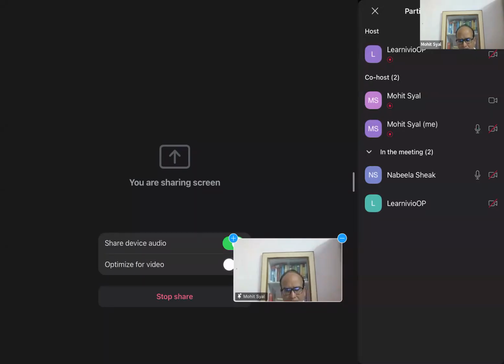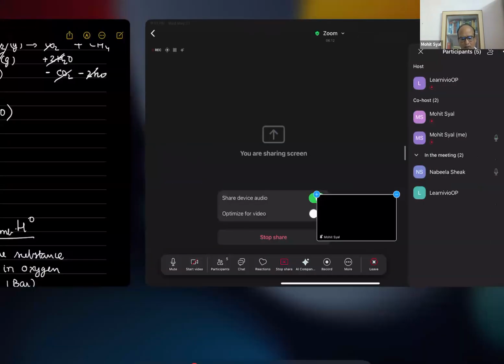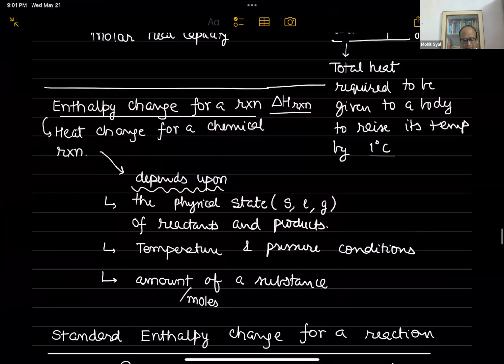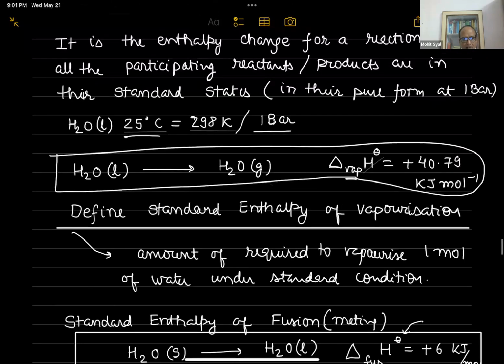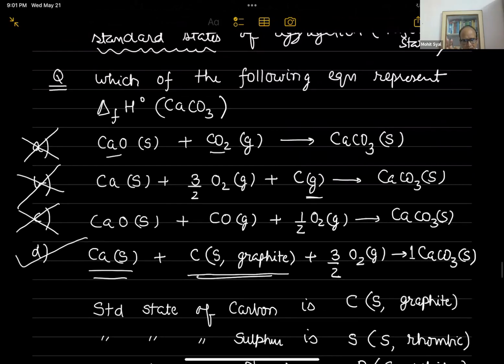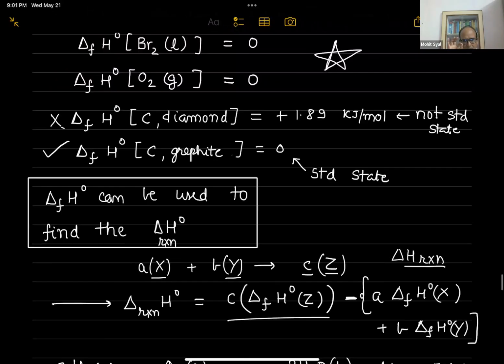Let's discuss what we were discussing in the last class. Just a quick summary: we discussed Hess law. Hess law indicates that if a chemical change is taking place and it is carried out in one step or in multiple steps giving the same products, the overall enthalpy change is going to remain the same.